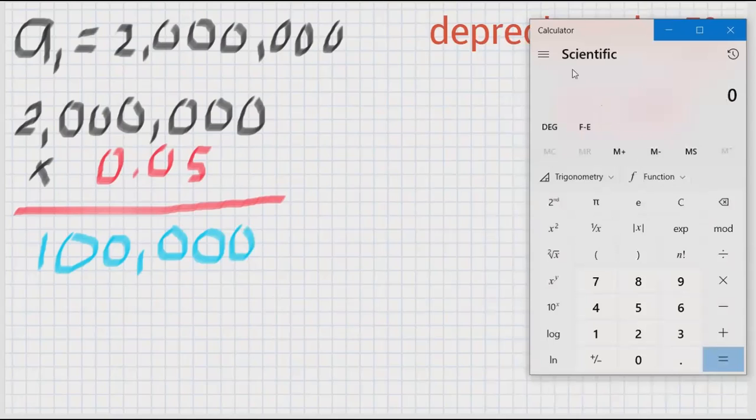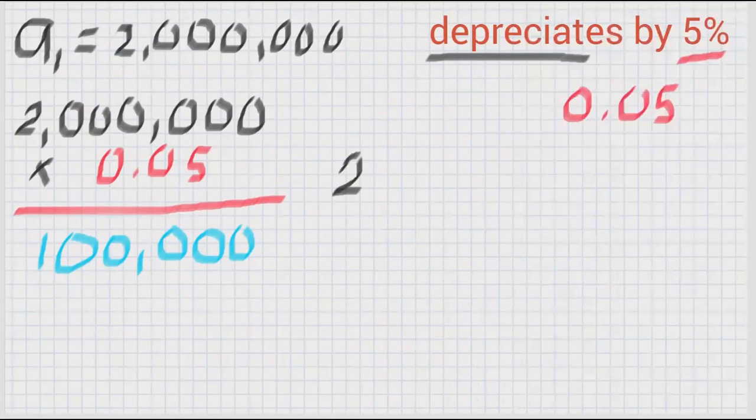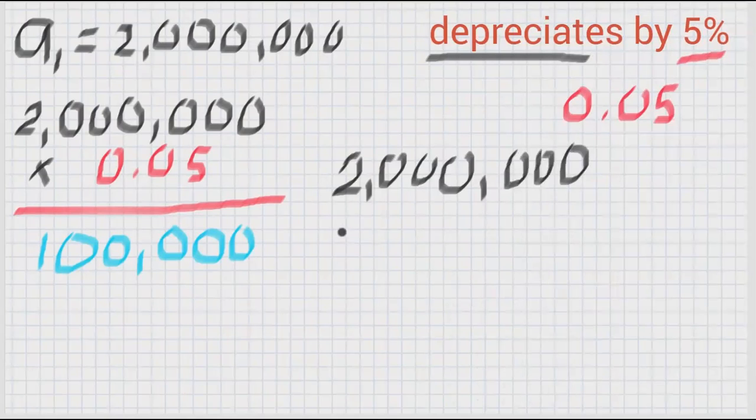So let's check. To make sure, 2 million times 0.05 is 100,000. Since it depreciates by 5%, the 2 million decreases by 100,000.